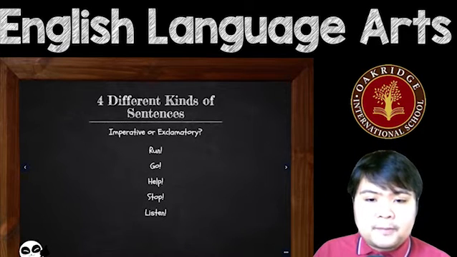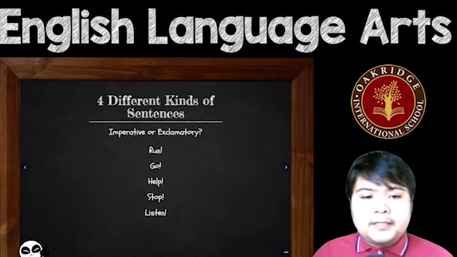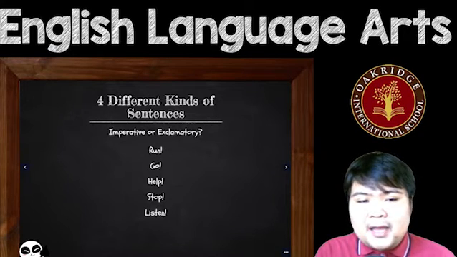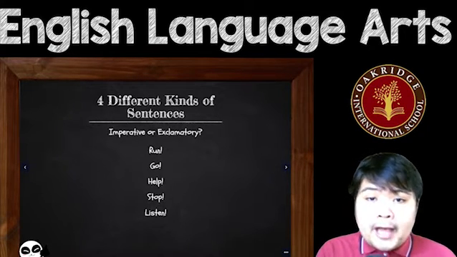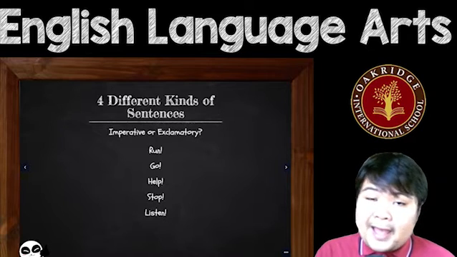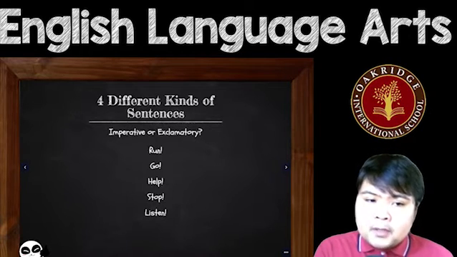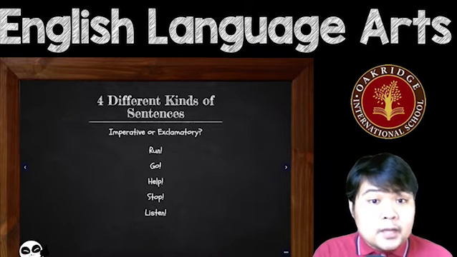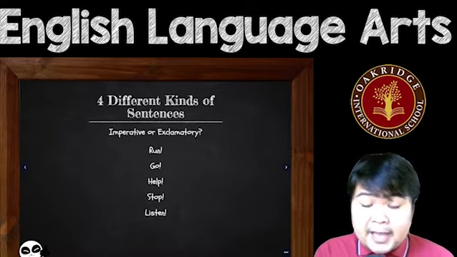All right. So, here are some examples of sentences that are commonly misinterpreted. We have run, go, help, stop, listen. They end with an exclamation mark, right? But are they exclamatory? Look at the sentences again. Is it giving a command? Yes, it is.